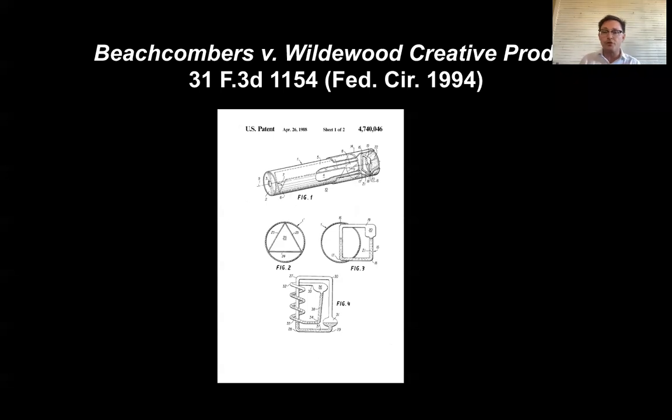Okay, so in addition, there is a public use exception to patentability, or prior art by virtue of public use of an invention or discovery. So in Beachcombers v. Wildewood, we have the inventor of a kaleidoscope who wants to claim patent protection over the invention.